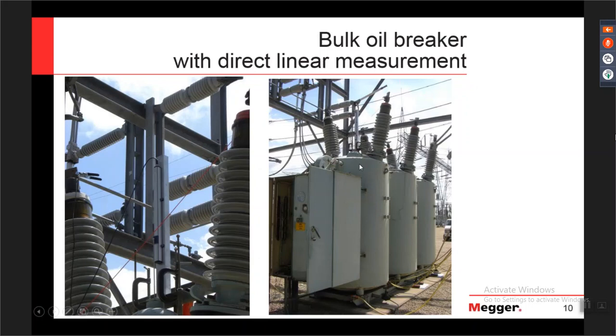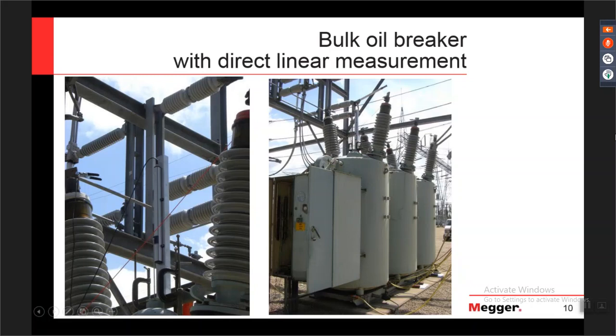This is a bulk oil breaker with a huge tank filled with oil. Up on the top here, that's where the transducer is attached. On the top there is a small lid you can open, and you can put a threaded rod in that lid and screw that rod directly into the main contact, which is down here.